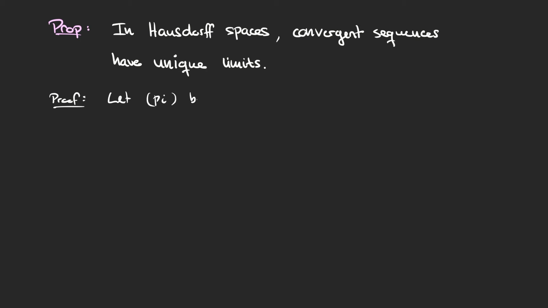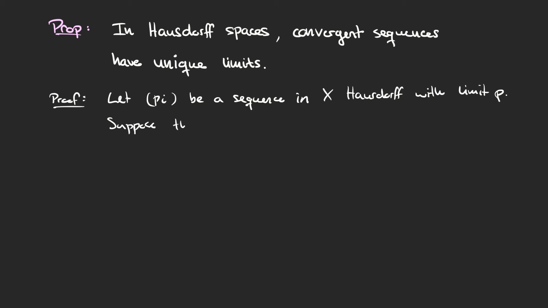Let P_i be a sequence in some Hausdorff space X with limit P. Our task is now to show that P is unique. So we suppose, for the sake of contradiction, that we have some point Q, which is distinct from P, that is also a limit.